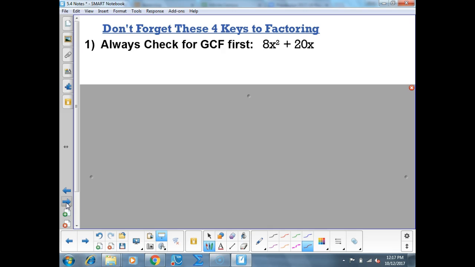So you look not only at the numbers. What's the biggest number that goes into 8 and 20? 4. But you also look at the variables too. What's the biggest factor that goes into x squared and x?